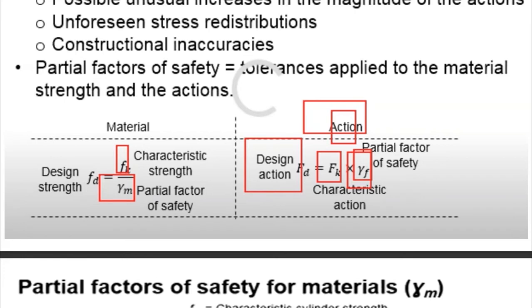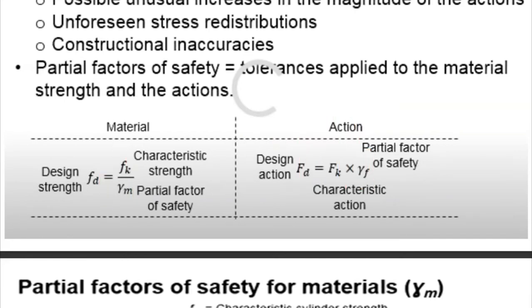So that's the difference. Take note: in terms of material, the design strength is the characteristic strength divided by the partial factor of safety. But in terms of actions, the design action is the characteristic value times the partial safety factor. Otherwise, you can do it wrong.